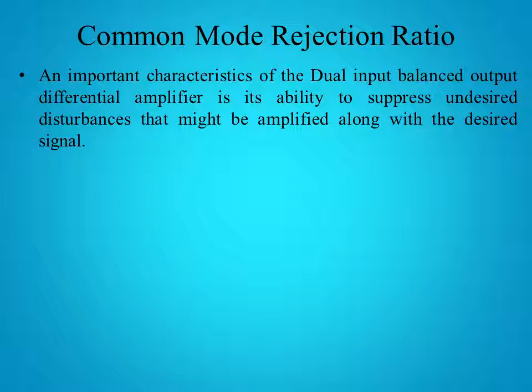But the differential amplifier generally amplifies the difference of the two input signals. So when noise is applied along with both the input signals, then it generally gets cancelled out.